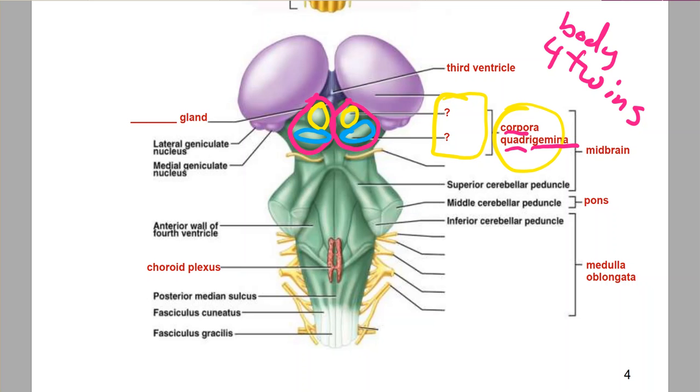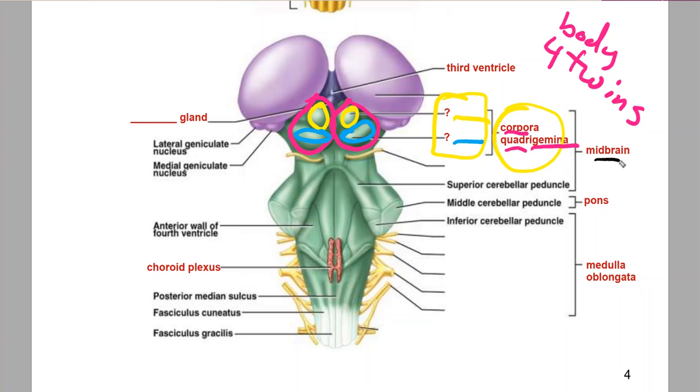So that's the body of the four twins. I want you to figure out what this one is and what that one is, okay? And then it's just labeling out for you the pieces and parts of the back of your brainstem.